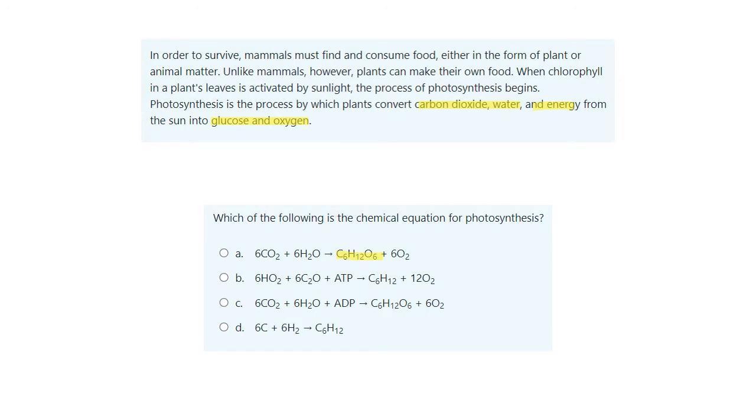So C6H12O6 is glucose and O2 is oxygen. 6CO2 is the carbon dioxide and the H2O is the water. So the correct answer must be A.